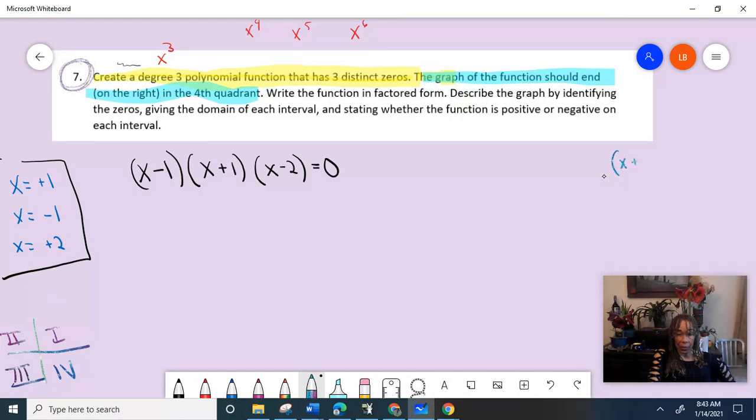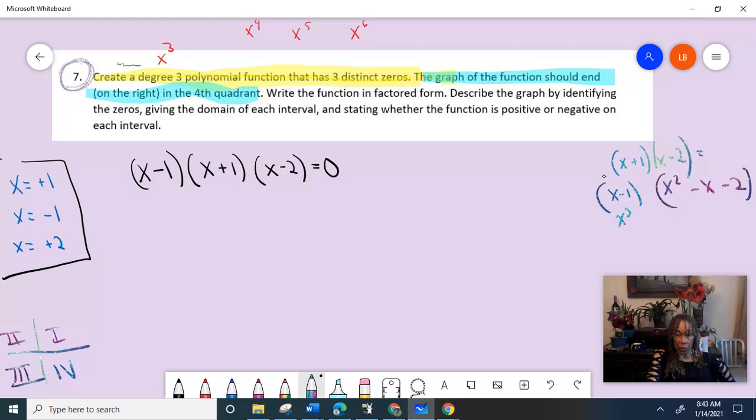If I was to do x plus 1 times x minus 2, I'm going to get x squared first, outside, inside, minus x minus 2. All right, then I would have to multiply that times whichever one I didn't do, which would be the x minus 1. And then I'd have to distribute everything.